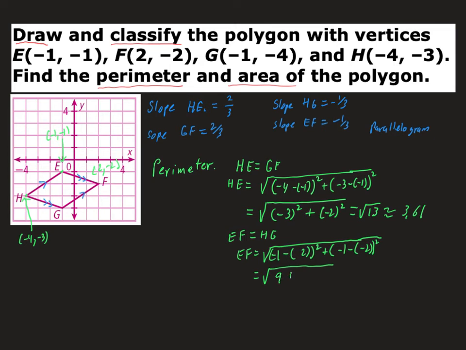So 3 squared, and then this would be 1 squared. So the square root of 10. It's about 3.16.